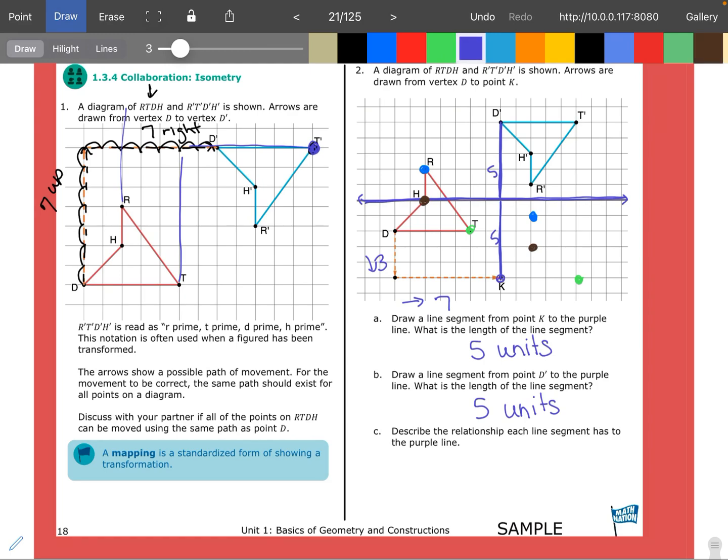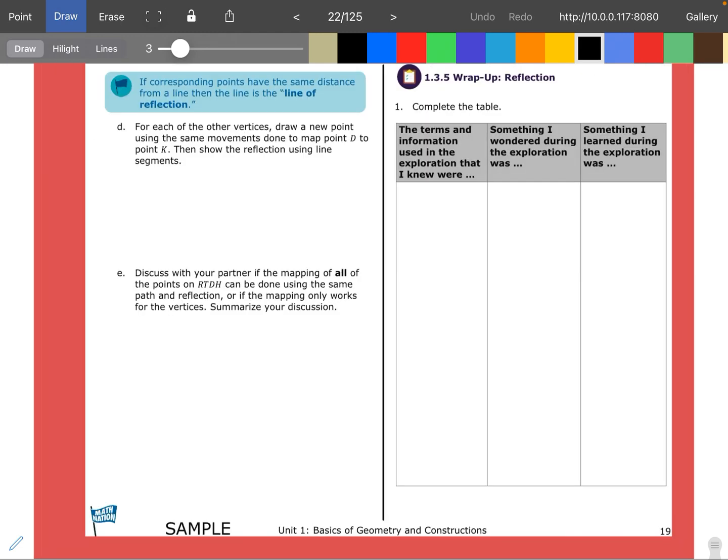I'm going to go back and make sure that one's purple. All right, so now I'm going to draw my figure. Look at that. I can reflect it over that line of reflection and it should work. Okay, so we drew a new point, then show the reflection using line segments.